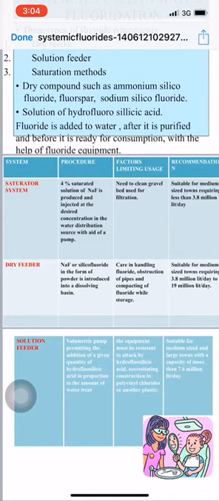The factor limiting use: it needs a clean gravel bed used for filtration. We need this as part of the limitation. The recommendation is that it is suitable for medium size towns requiring less than 3.8 million liters per day.